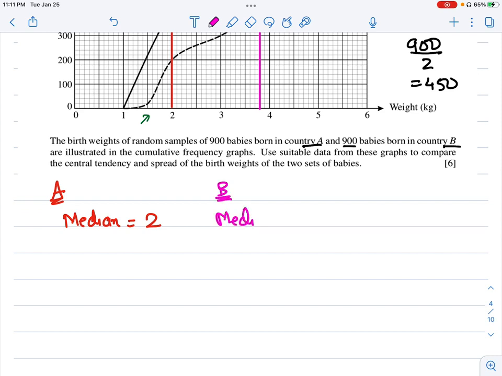The median is going to be 3.8. So we can say that the middle birth weight is 2 for A, whereas for B it is 3.8. So we can say that country B has heavier babies.